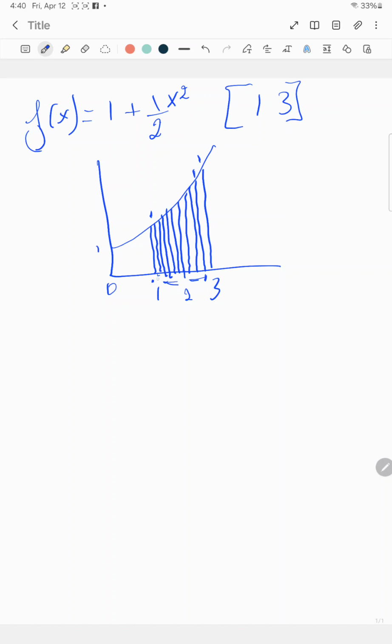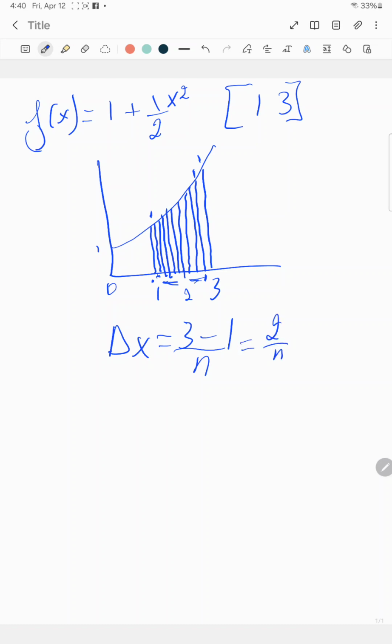the width between two rectangle sides, we call it delta x, is equal to 3 minus 1, which is 2, because I have 1 and 3 here. But I want to divide it by n, because I have n rectangles, which is equal to 2 over n.